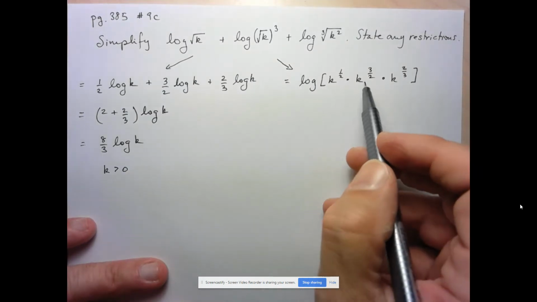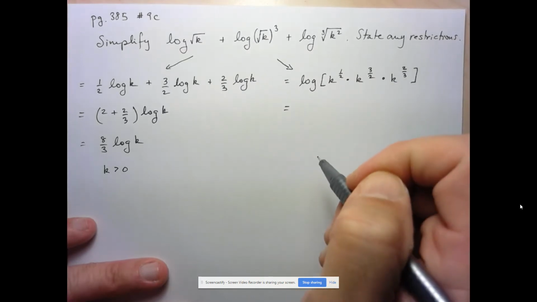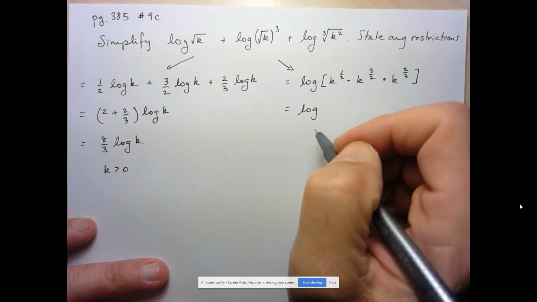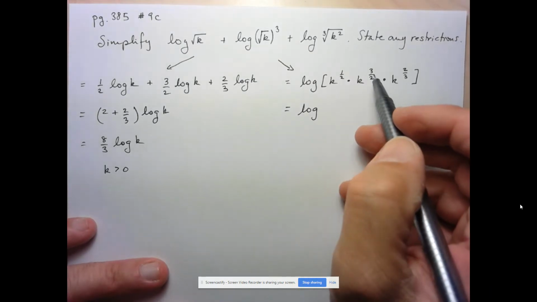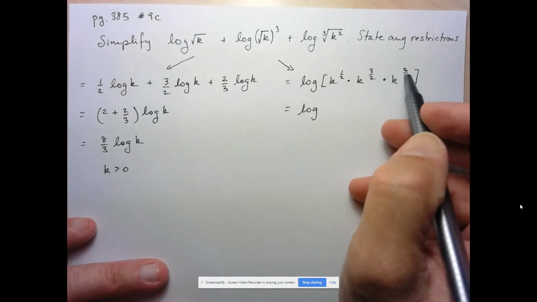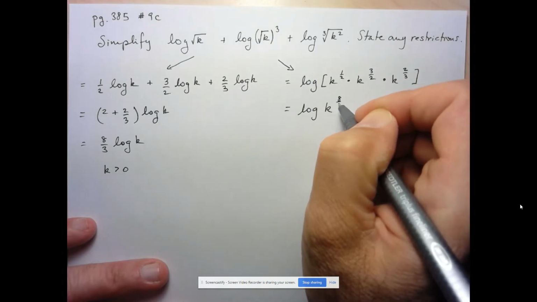And now I can use my exponent laws to simplify this here. So this is going to be log of, so we've already done this addition, so 1/2 plus 3/2 is 2. 2 plus 2/3, so that's going to be 6/3 plus 2/3, 8/3. So k to the 8/3.